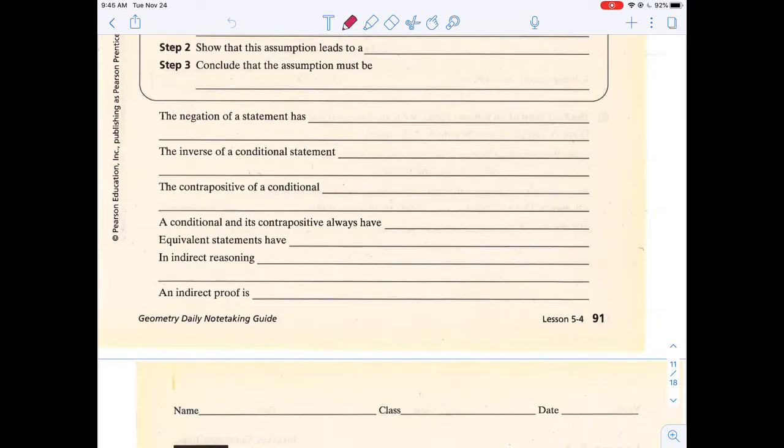when we get going. First, the negation of a statement has the opposite truth value. So you can think of negation as opposite. Then there's the inverse of a conditional statement. Conditional statements are if-then statements.